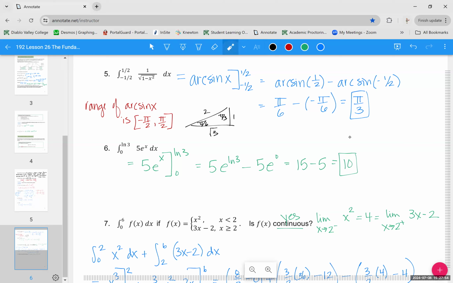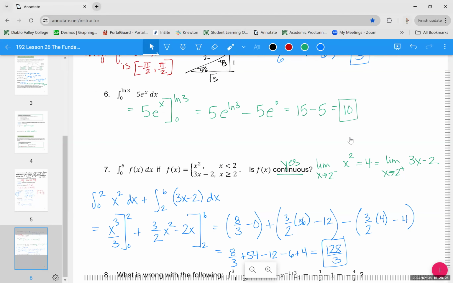So the sine of pi over 6 is 1/2. So then if I need to translate that to the fourth quadrant to have a sine of negative 1/2, I'm going to be looking at negative pi over 6 because that is how I need to name it given this range. It has to be between 0 and negative pi over 2. So that gives me a final answer of pi over 3.